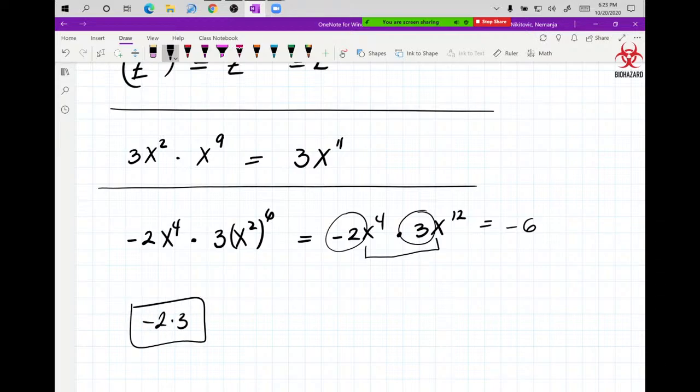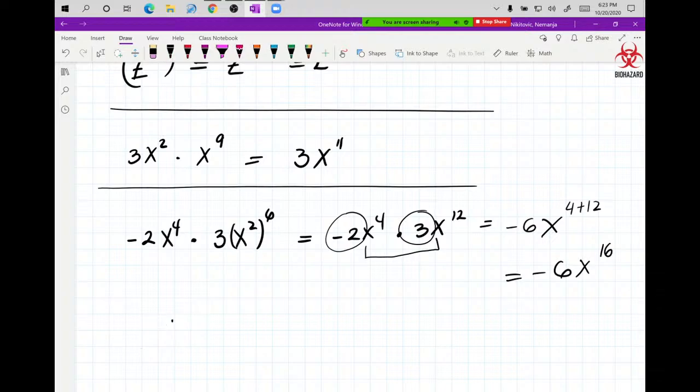Has nothing to do with x's. X's are going to be in their own category, and these two x's have their exponents, and those exponents in this case add for a total of negative 6x to the 16th power.